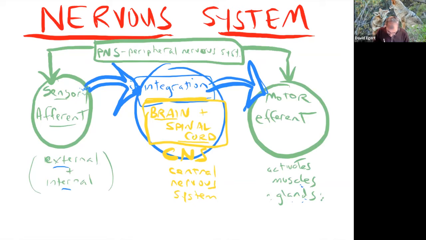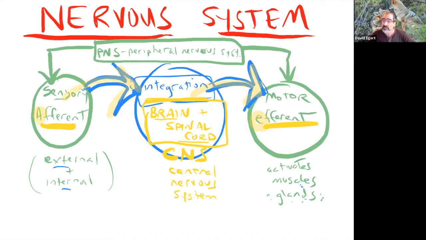In case you haven't seen this before, the mnemonic for remembering afferent versus efferent is: efferent with the E, the stuff that's exiting from the CNS; afferent with an A, the stuff that's arriving at the CNS.